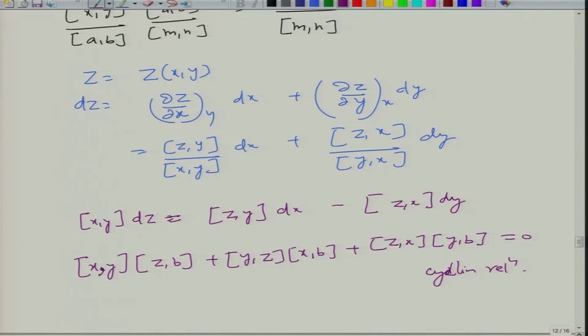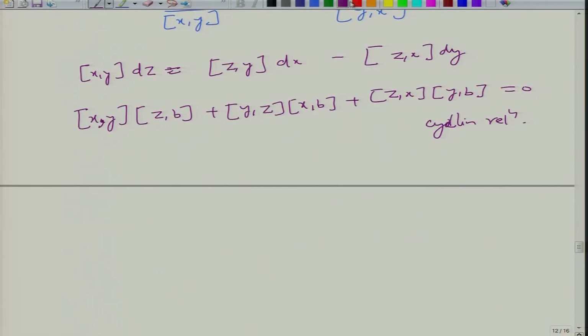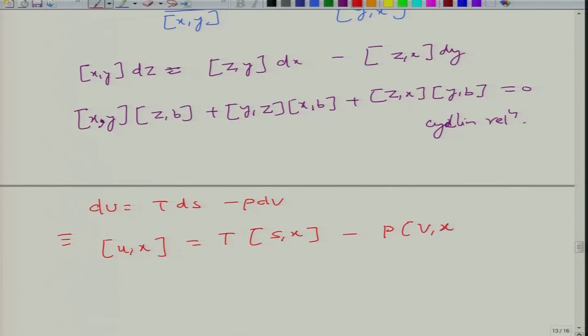Okay. So, if you apply this to thermodynamic potentials in the differential form such as T ds minus P dv, I can clearly write this as ∂(u,x) equals T ∂(s,x) minus P ∂(v,x), where x is basically a dummy variable, any variable you want to differentiate with respect to.